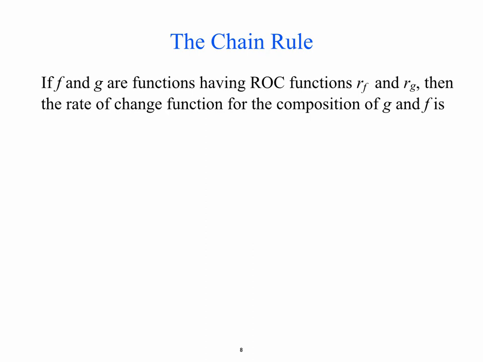Okay, and so when you have a composition of g and f, the corresponding rate of change function is the rate of change of g with f of x still plugged in, right? So with respect to f of x, times the rate of change of f.